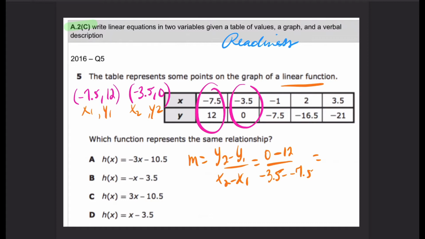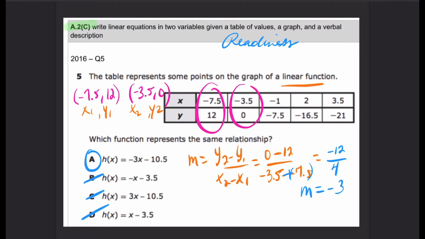If I simplify, 0 minus 12 is negative 12. If I distribute that, this will turn into a plus. So negative 3.5 plus 7.5, which is 4. And this reduces to negative 3. So the slope of this line should be negative 3, making our answer A.